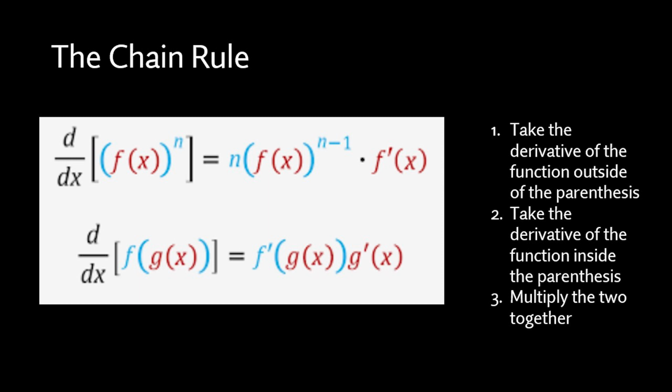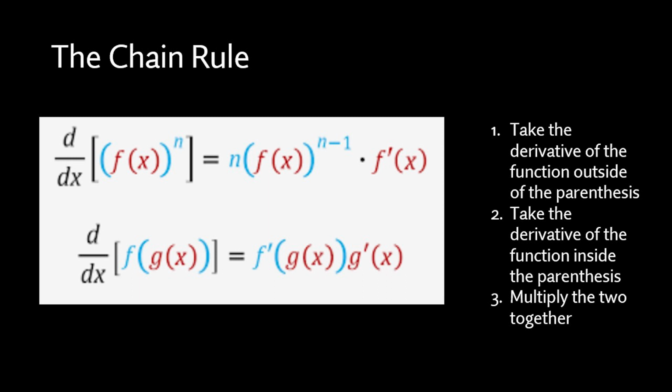As you can see here, when we have the function f of x all raised to the exponent n, we must first take the exponent n, subtract 1 from it, and multiply in the front, just as we learned in the power rule. But however, we still have the function inside that has not been derived yet. Therefore, we must multiply the whole derivative that we have just created by the derivative of the f function.